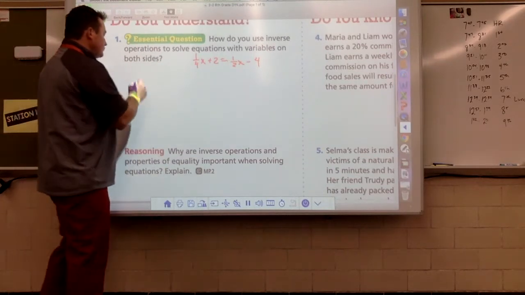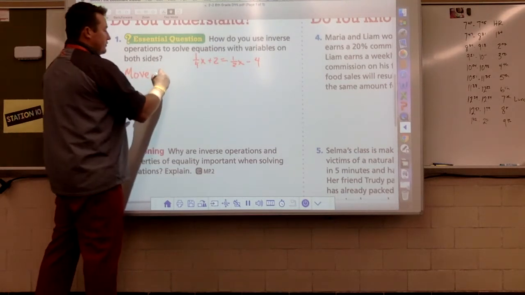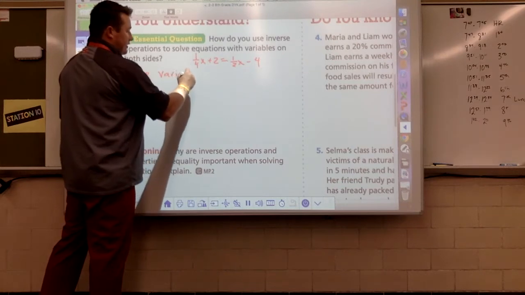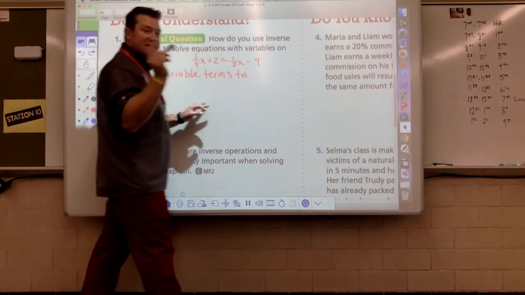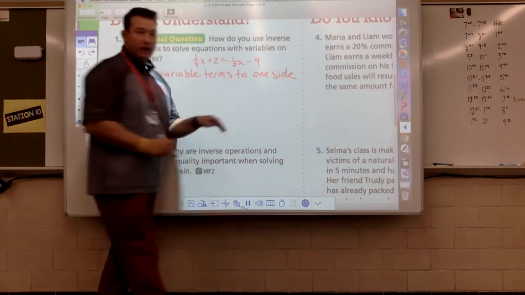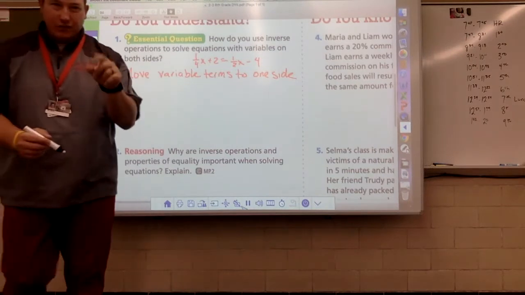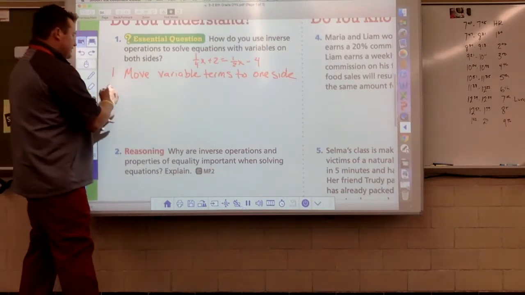Well, it's pretty easy, right? Step number 1, move all of your variable terms to one side. Okay? So all the variable terms get moved to one side. Step number 2, got to do with the constant terms, right?